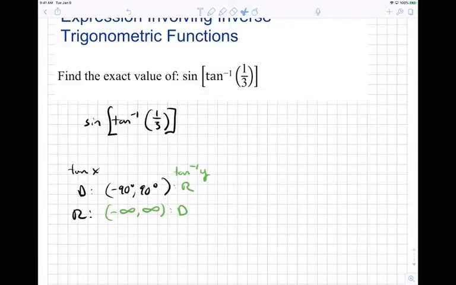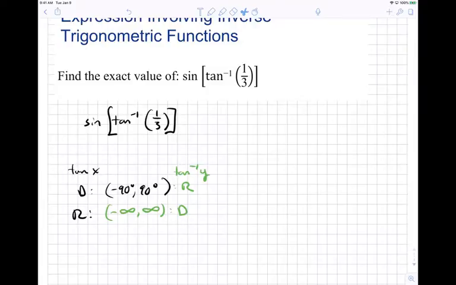What's the domain of inverse tan on the bottom line? Okay. So is 1/3 inside that domain? Yes. So we can proceed. Remember, we had to make sure that those numbers are in our domain.